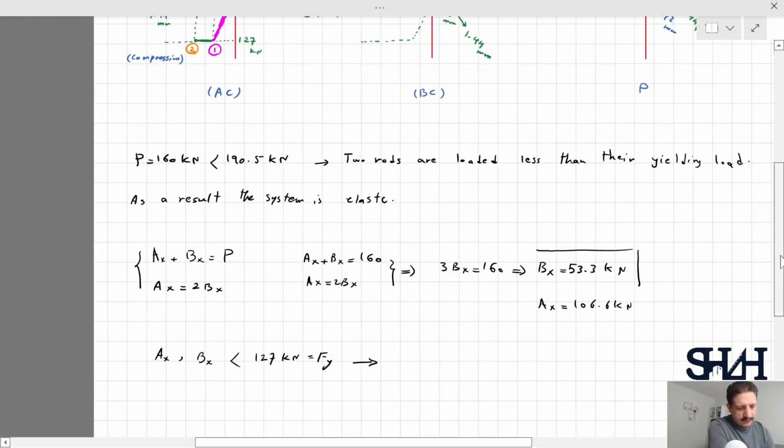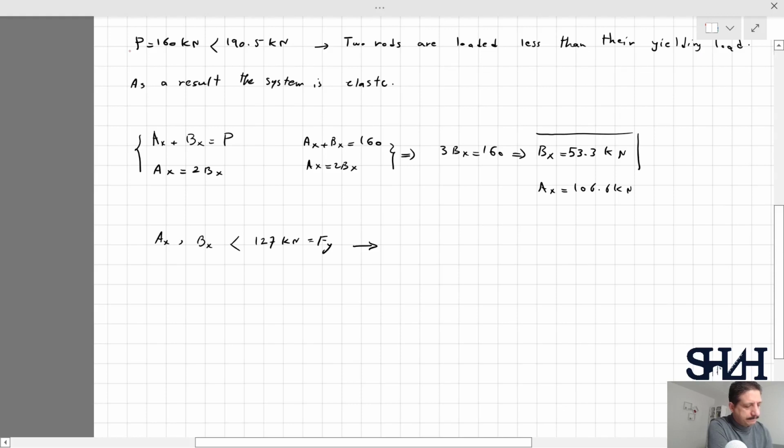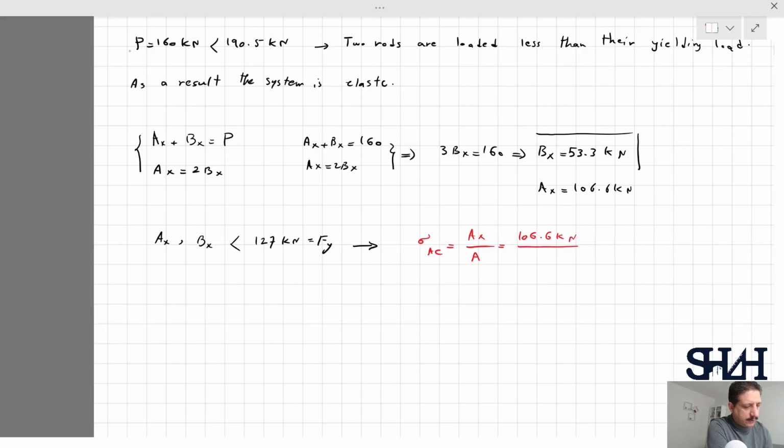We can also calculate the stress in each element. Sigma at AC will be AX divided by area, which is 106.6 kilonewton divided by pi times 30 millimeter squared divided by 4, so 151 megapascal, which is less than 180 megapascal.